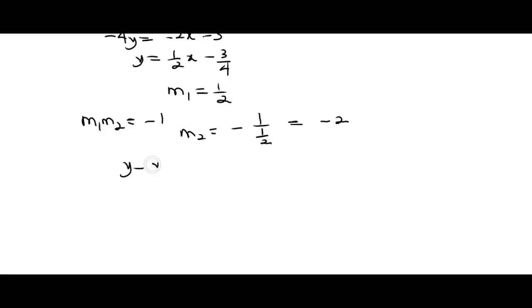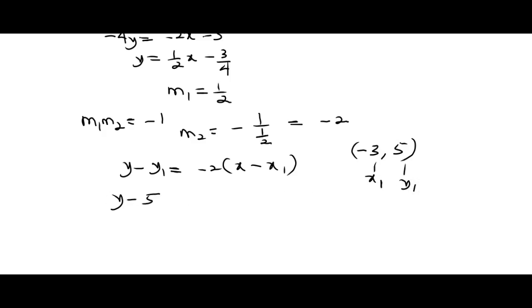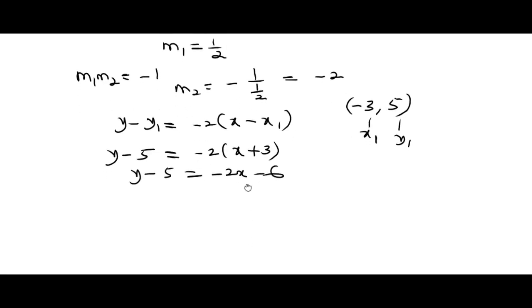So we'll now come back to y minus y1 equals m2 into x minus x1. Now we are given the coordinates minus 3, 5. So this is x1 and this is y1. So y minus 5 equals minus 2 into x plus 3. That will be y minus 5 equals minus 2x minus 6.